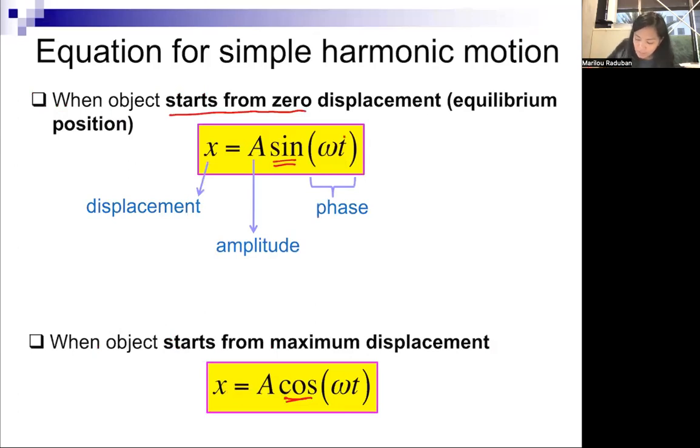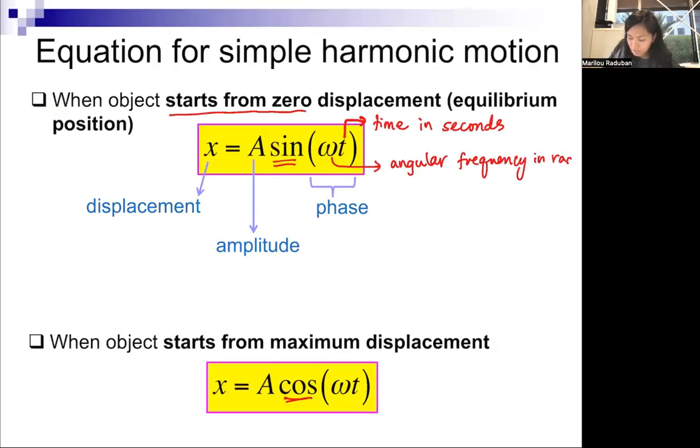So t here is just the normal time, time in seconds. Okay. And omega is, of course, the angular frequency in radians per second. Okay. Right. And we call the angular frequency times time the phase of the oscillation.